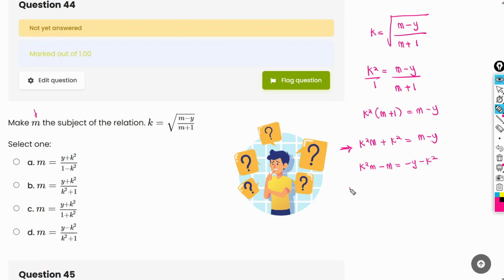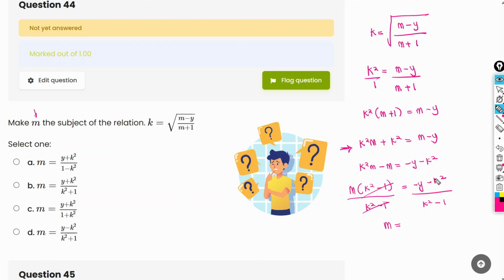So that I can now say m bracket k squared minus 1 is equal to minus y minus k squared. If I divide both sides by k squared minus 1, I'll end up with m is equal to, and I can multiply top and bottom by negative 1, because usually we don't keep a negative sign leading in our numerator.